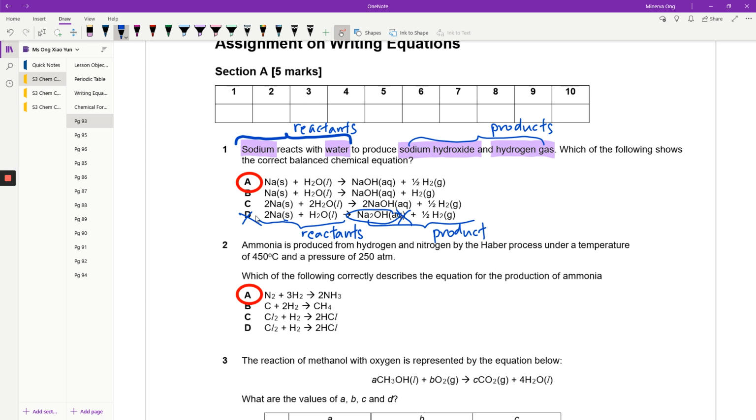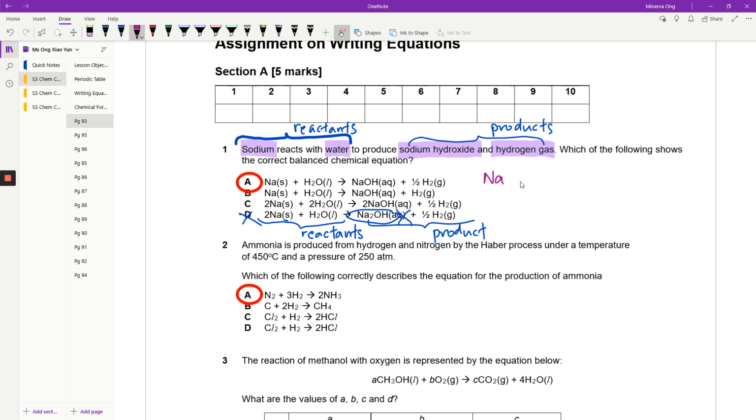Then next is to get the formula for all the substances. You can see that the formulas are all given to you already. In a structure question, we will see how to do the formulas.